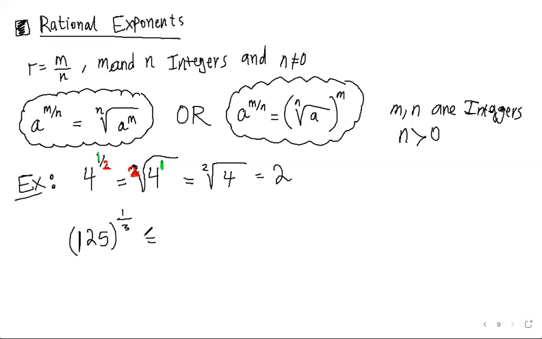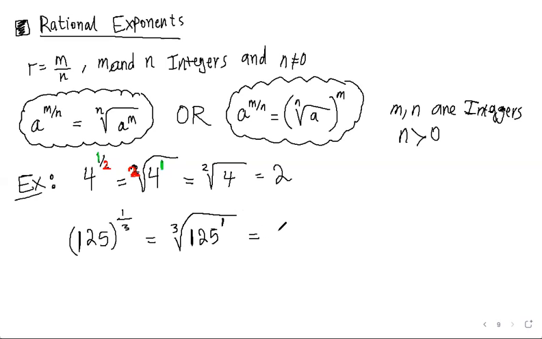What is that equal to? Again, this is 125 to the power 1 over 3, the third root.